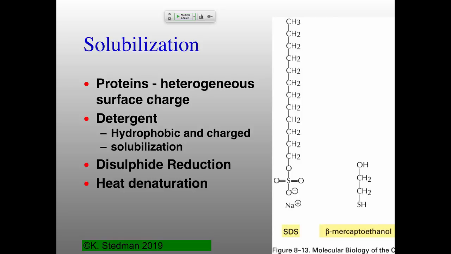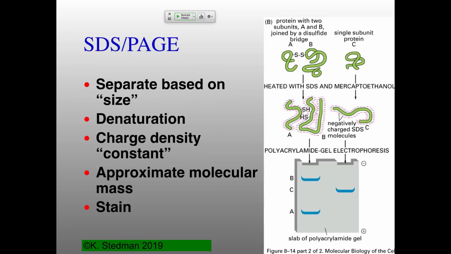So hydrophobic to break things up and gives you charge. Another nice thing about adding charge to your protein is if your protein is otherwise not going to be soluble, not going to be able to be in liquid, it's going to be really hard to look at in one of these gels. So solubilization as well as giving you a charge is what you get from detergents.